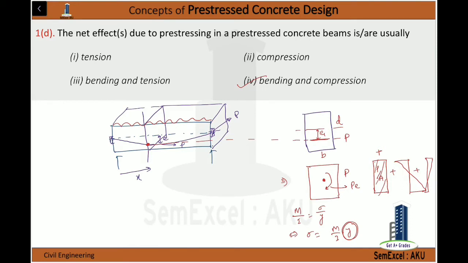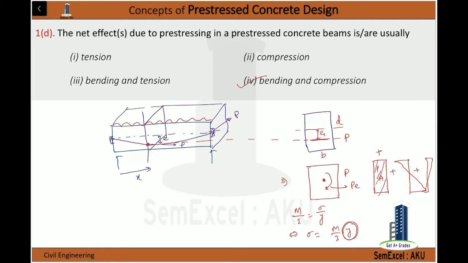Now let us see why option 1 is not correct. The question is, the net effect due to pre-stressing in a pre-stressed concrete beam is usually. If our member is in tension, then what is the benefit of pre-stressing that beam? Generally we do pre-stressing only so that there should not be any tension in the beam.